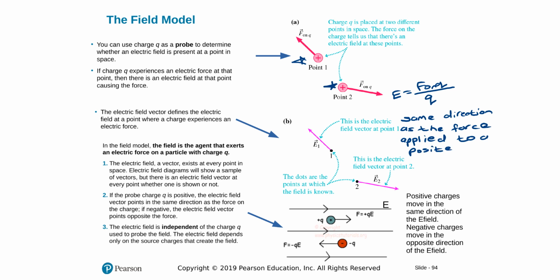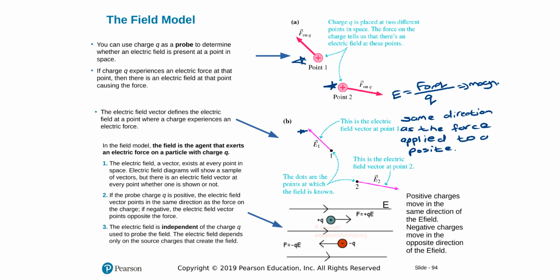So we put a positive charge, measure the force on it, divide by the charge, that's the magnitude of electric field, and the direction of the electric field is the same as the force direction for a positive charge, and it's opposite direction for a negative charge.